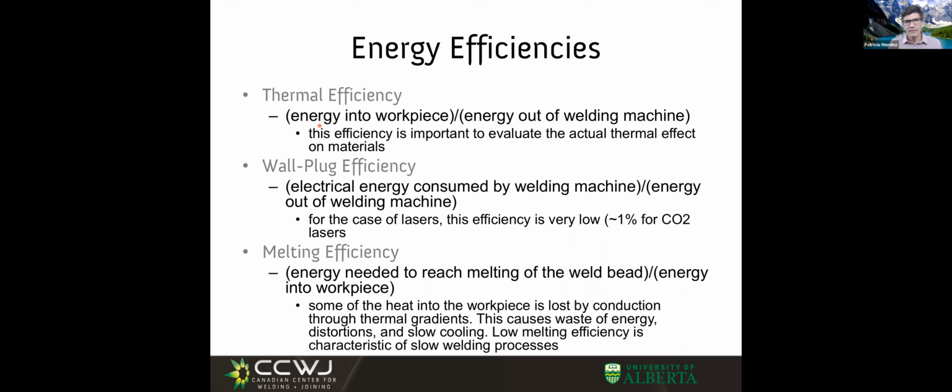Some of it doesn't get in because, for example, in the case of lasers, it gets reflected. In the case of the arc, whatever light you see is light that is not going into heating up the weld. So there is an efficiency associated with that.